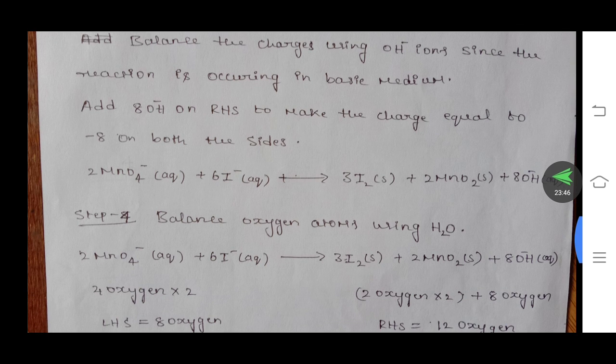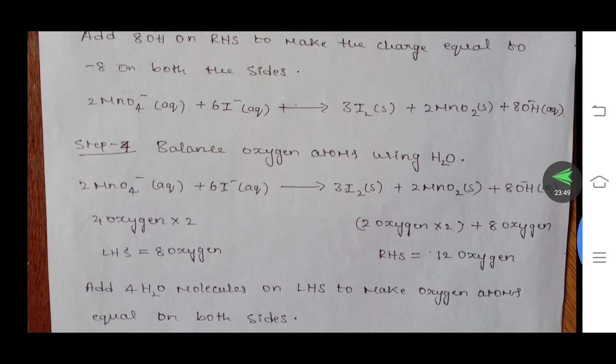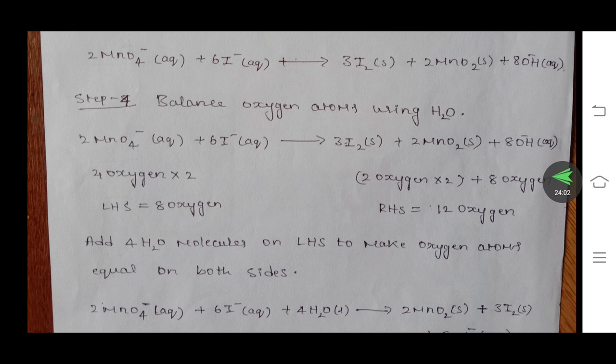Okay, step 4, balance oxygen atoms using H2O. Now you check oxygen, number of oxygen on the left hand side. 4 oxygen into 2, so you'll get 8 oxygen present on the left hand side.